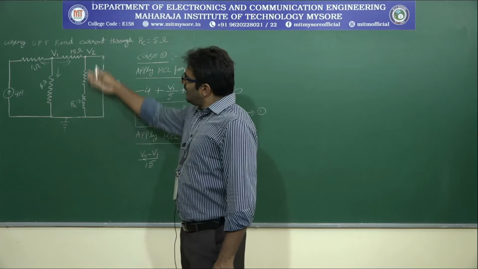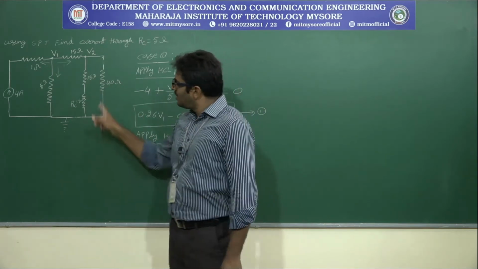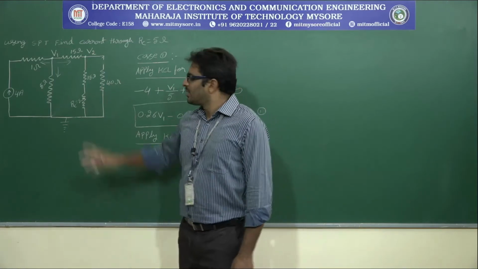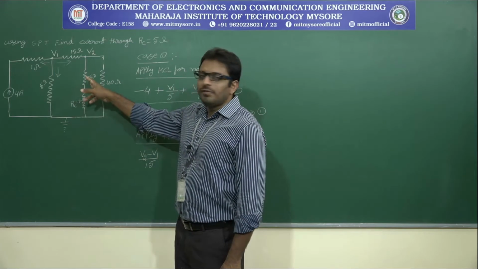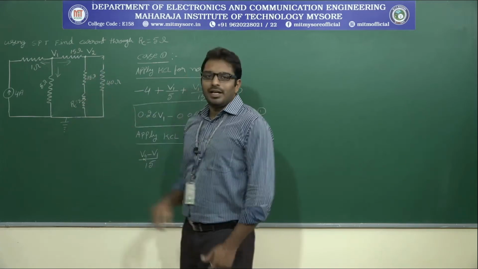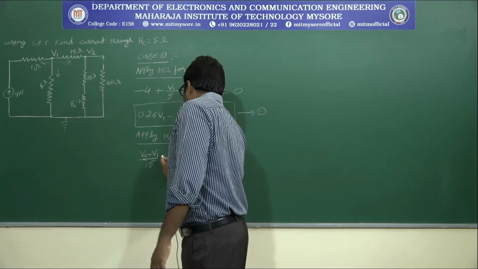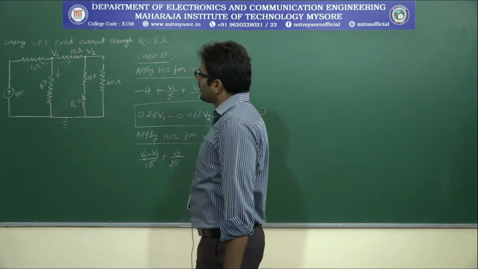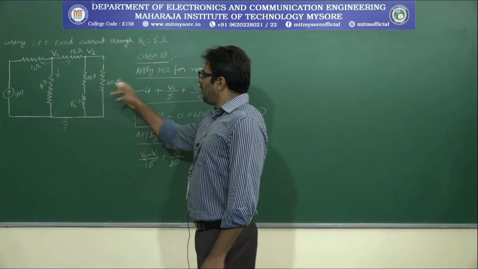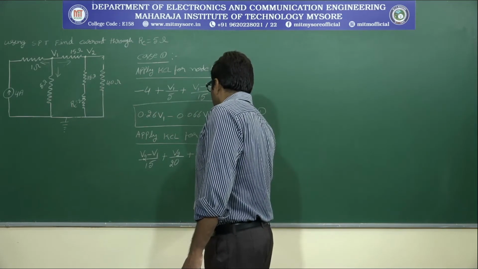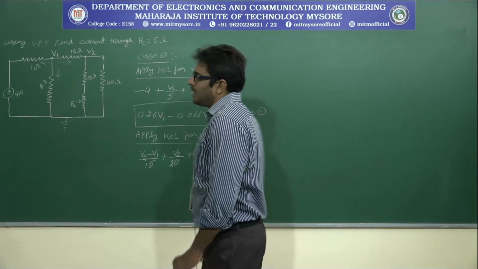Next, what is the current in this branch? In this branch 2 resistances are connected in series, so you can take the effective resistance of this branch, 5 plus 15, 20. Therefore, the current in this branch is V2 minus 0 divided by 20, so plus V2 by 20. Next, what is the current in this branch? V2 by 40. V2 by 40, that is equal to 0.